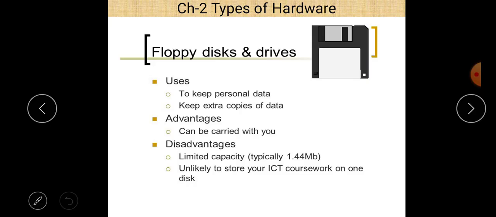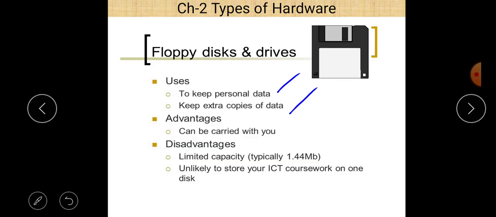Use: they are used to keep personal data and keep extra copies of the data. Some advantages are also there. You can carry it with you very easily, but it has a very limited capacity, only 1.44 MB.